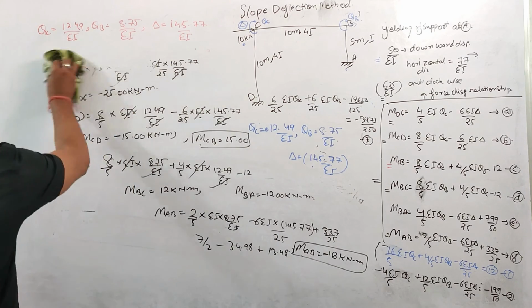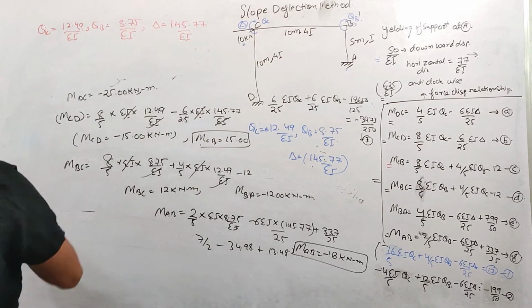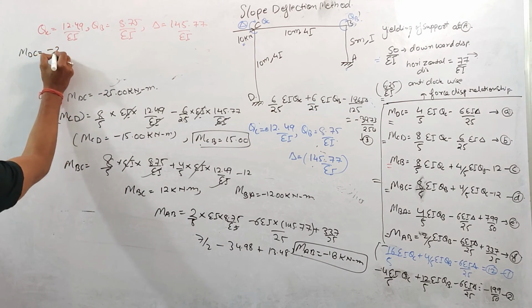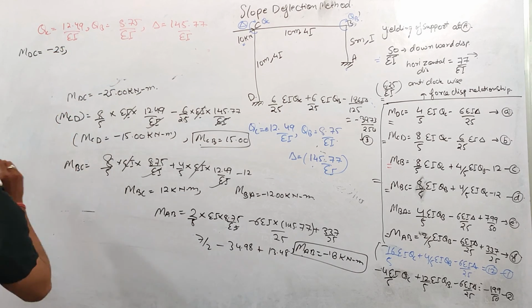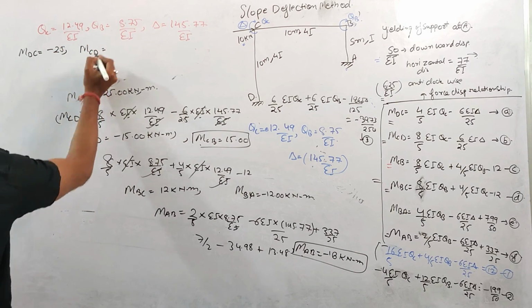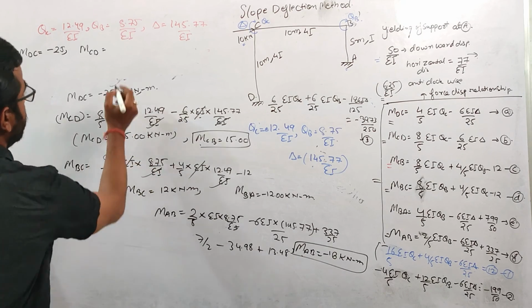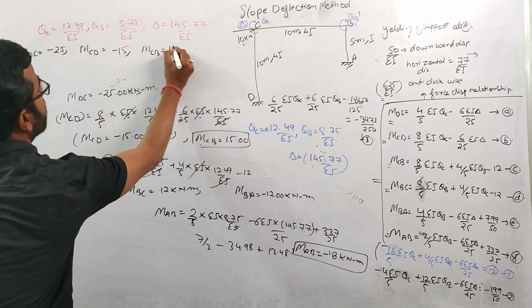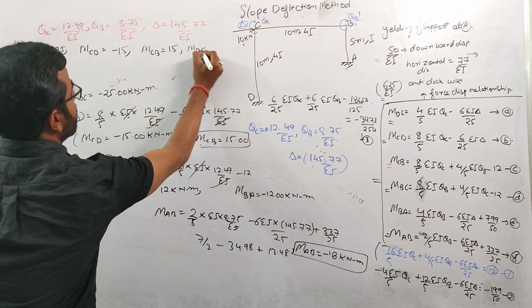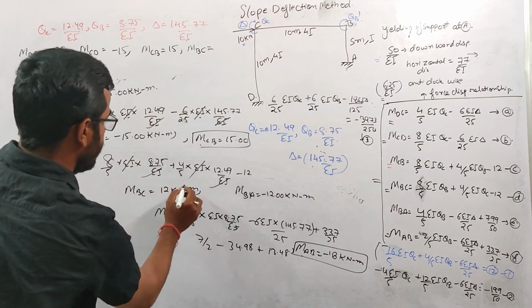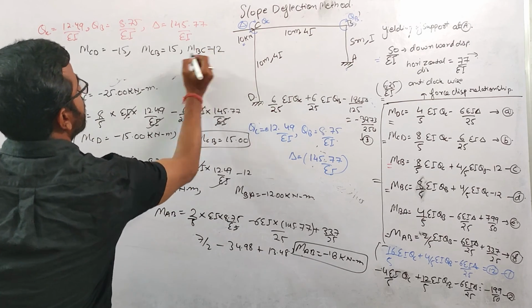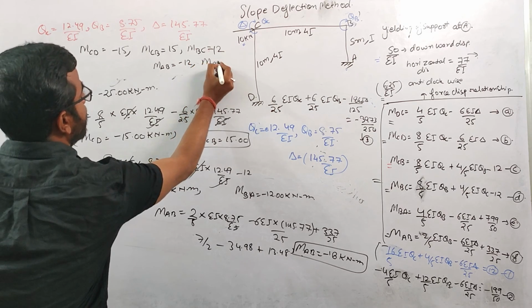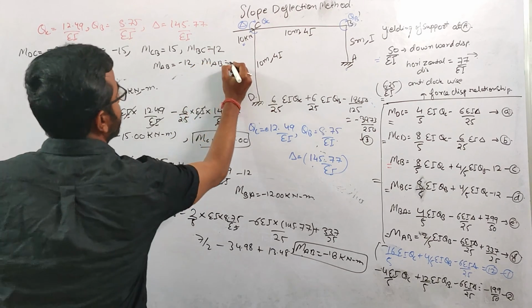I will write: MDC is minus 25, MCD is equals to minus 15, MCB is plus 15, MBC is 12, MBA is minus 12, and MAB is minus 18.